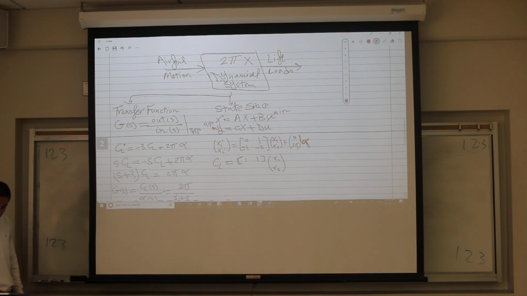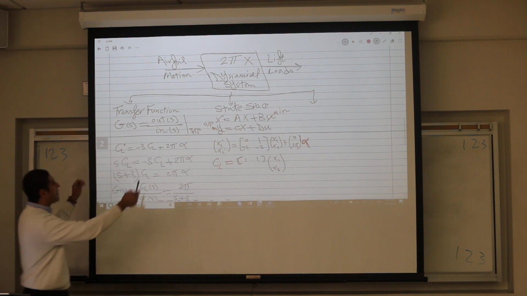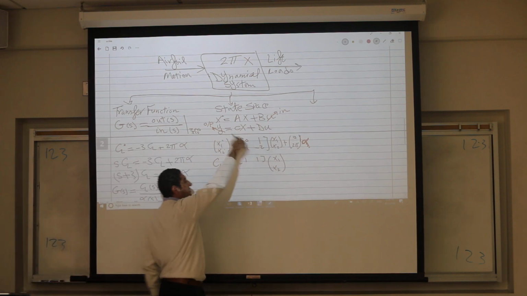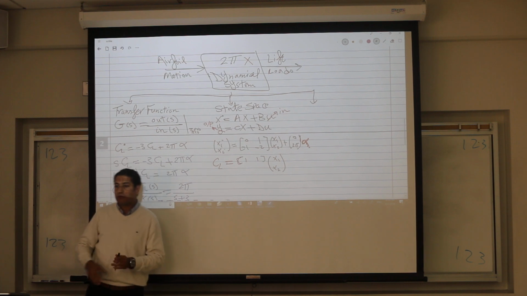What else? If it's a linear system, how can I represent the dynamics? Any idea? If I'm knowledgeable enough and clever enough in mathematics, I can derive a transfer function or a state space model from first principles.